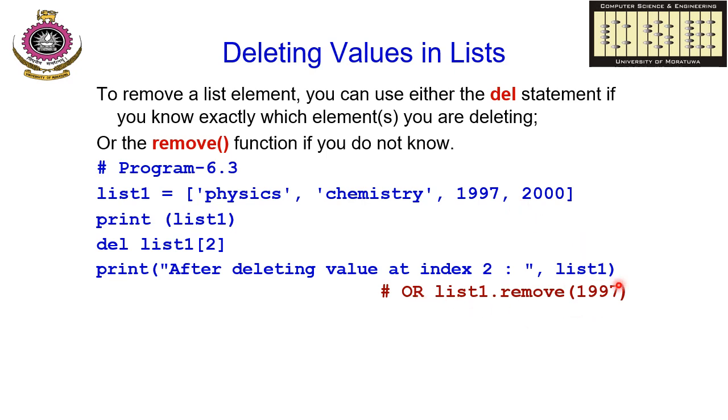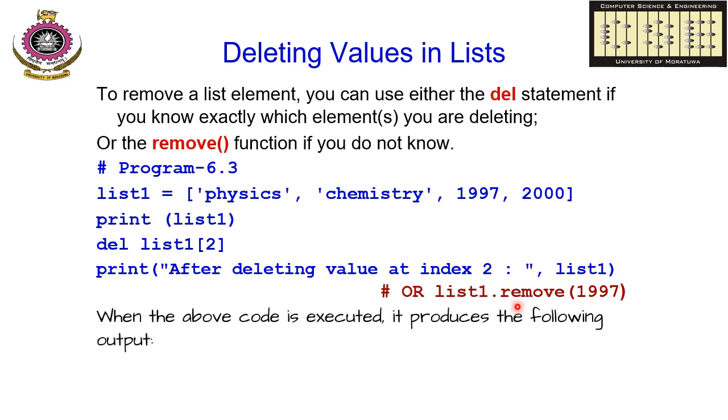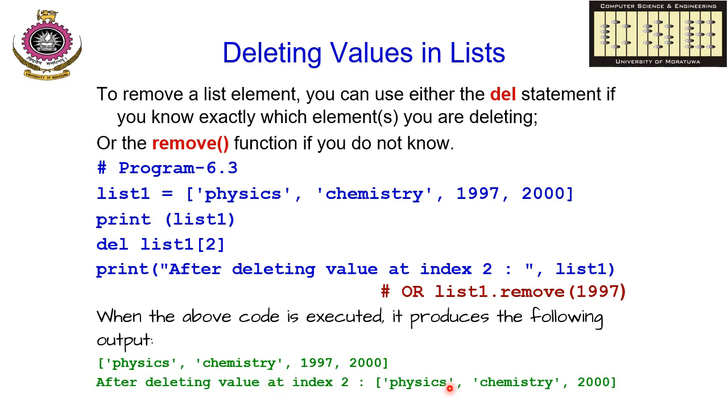You can do the same thing using the remove function in this way. After this delete operation, we expect this item to be gone. 1997 should no longer be there. So this is the initial print statement before the deletion, and after the deletion we expect to see that 1997 is deleted.